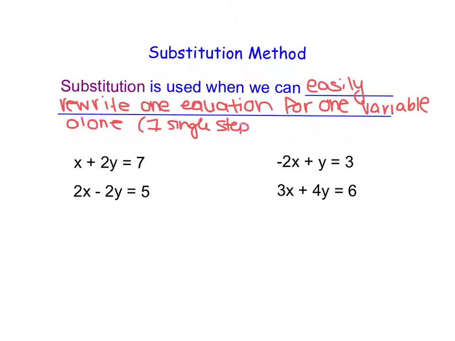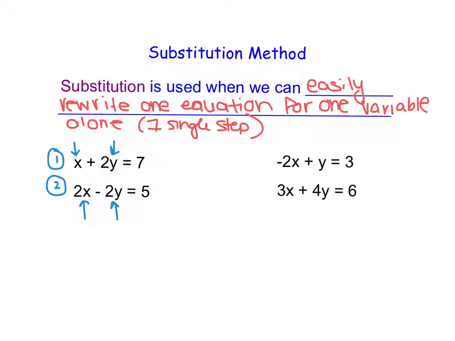What I mean by this is if we look at these two examples down below, in this first example we have two equations with the same variables, so we know it's a system of equations. Looking at the four variables, I have x and y in the first equation, and x and y in the second equation.